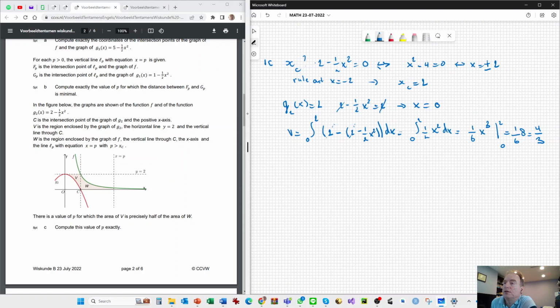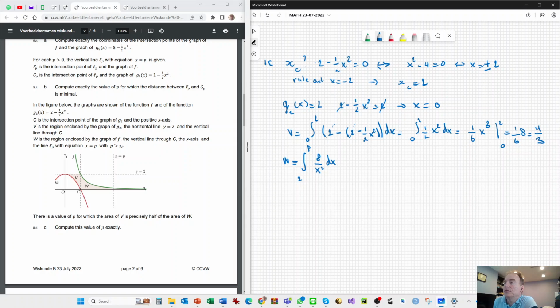And this phi doesn't depend on p at all, obviously, but w will. And so where does the integral for w start? Well, at xc, so at 2, and that goes all the way to p. And the upper bound function is the function f, which is 8/x squared dx.